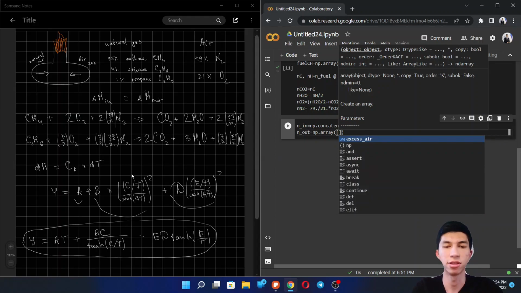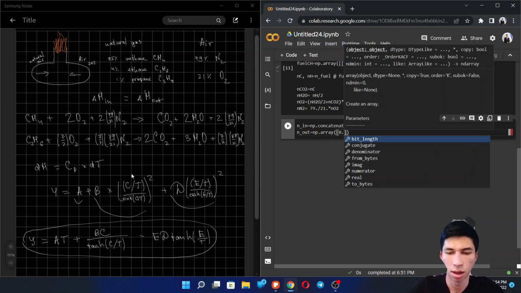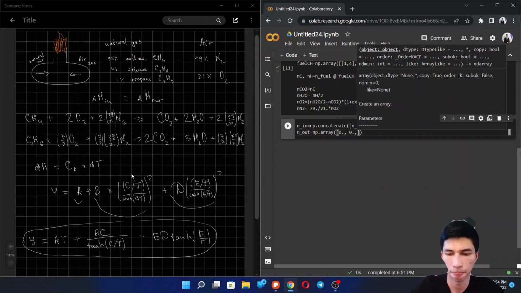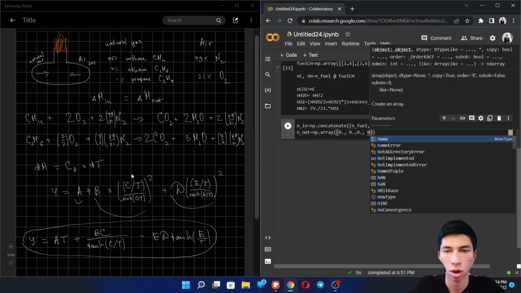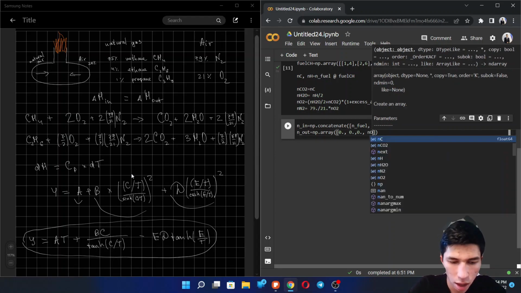We don't have all the 3 compounds like methane, ethane, propane on the right hand side, so we're gonna make the moles equal to 0, right? And we have oxygen because of the air, right?